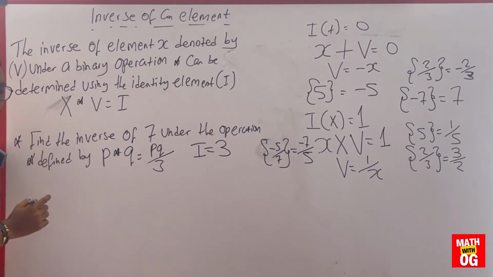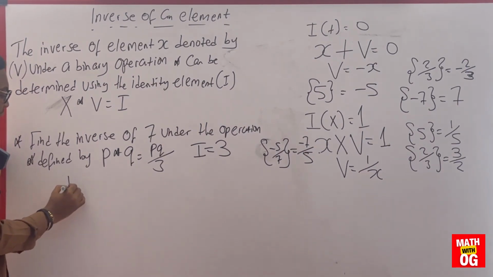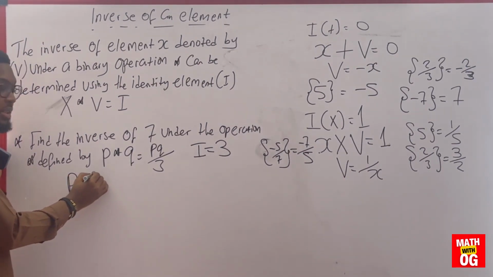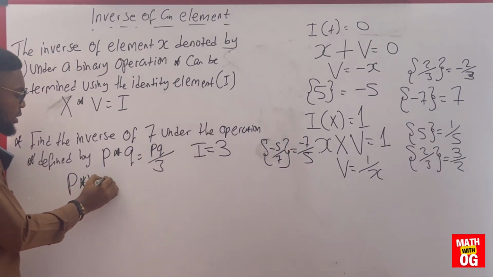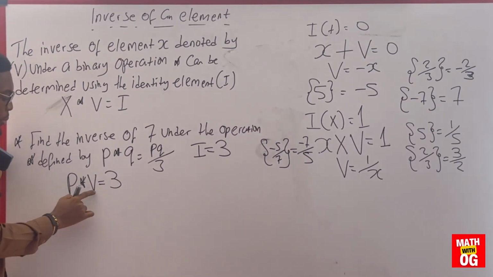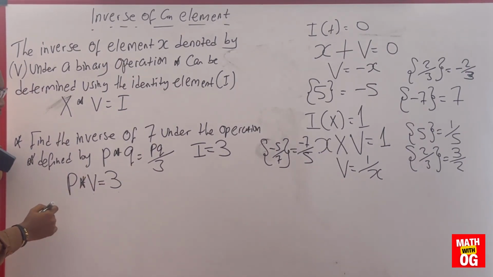So if the identity element is 3, it means that any time I have P, it will operate on its inverse to give me 3, because 3 is the identity element. So what is P operating on its inverse?